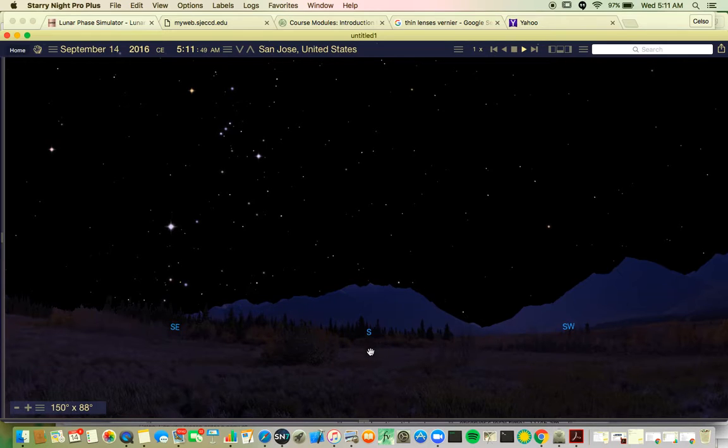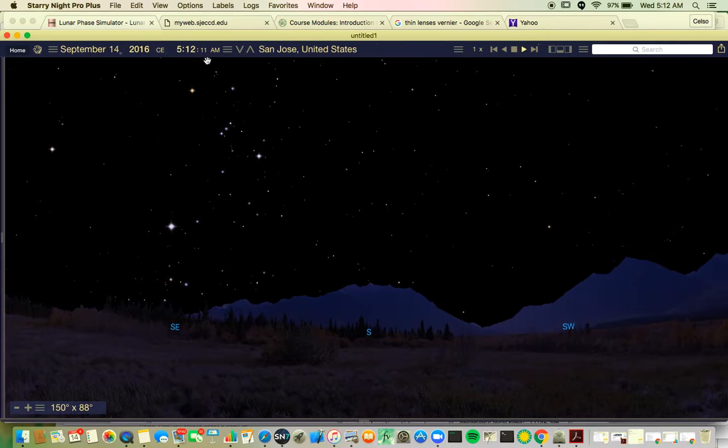One, if you are in the northern hemisphere, like in San Jose, and you are facing south, if you keep staring outside, you don't apparently see any motion going on.